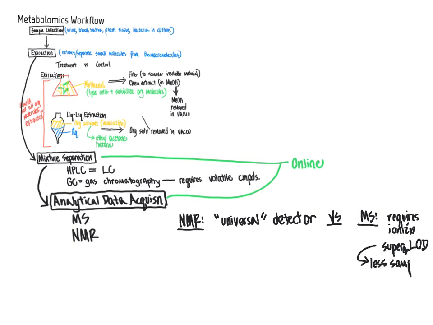And when thinking about these metabolomics experiments and workflows, often the amount of sample is very limited. For example, if one is looking at blood samples, patients are not going to be particularly keen on providing really large blood samples. So the less, the better.